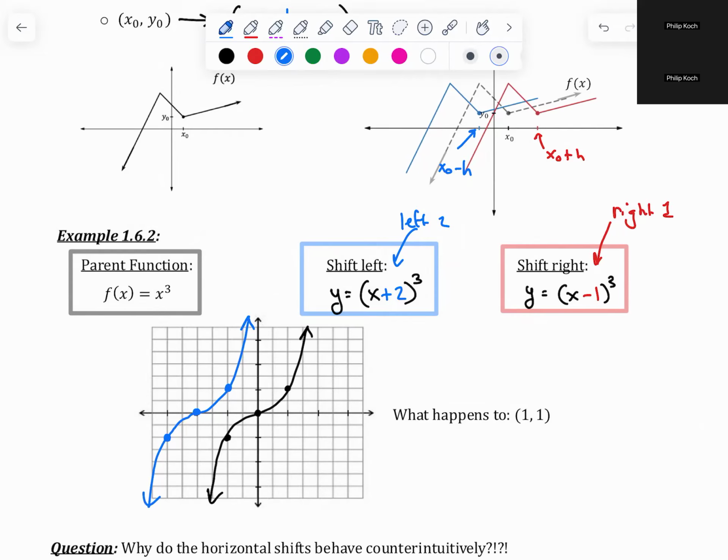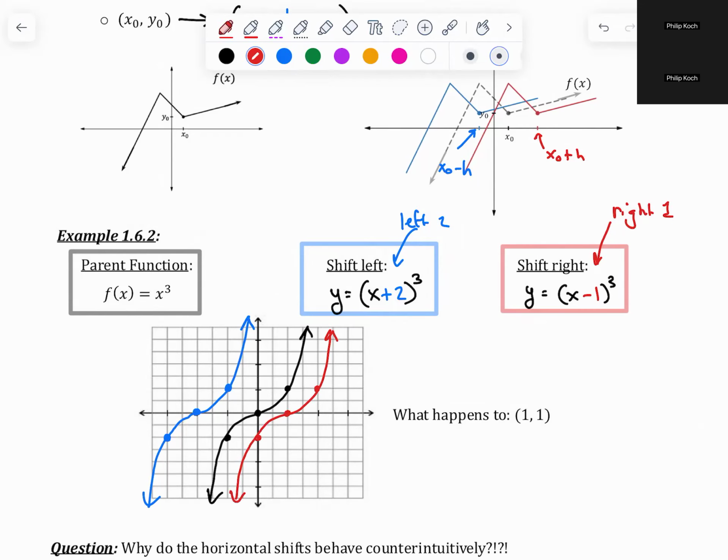And in a similar fashion for the shift right, everything is going to get moved 1 unit to the right. So instead of 1, 1, we get 2, 1. Instead of 0, 0, we get 1, 0. And instead of -1, -1, we get 0, -1. Same shape, just shifted. So what happened in each case?